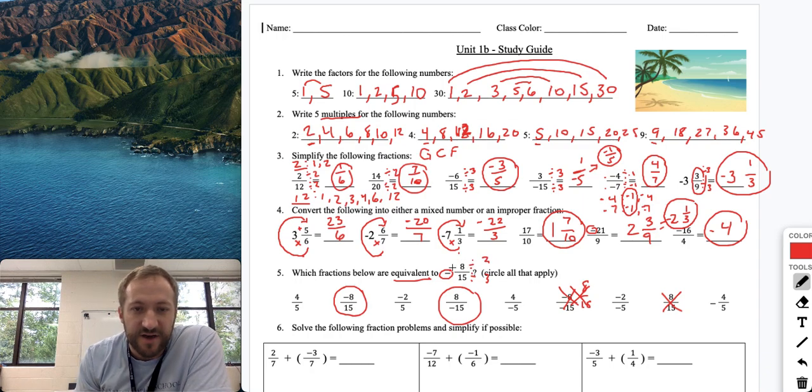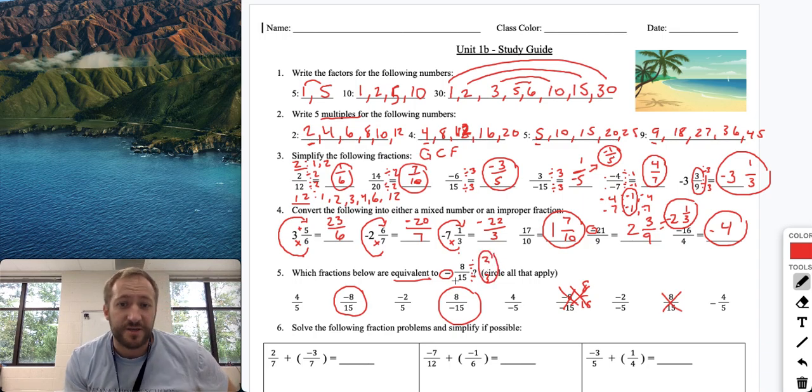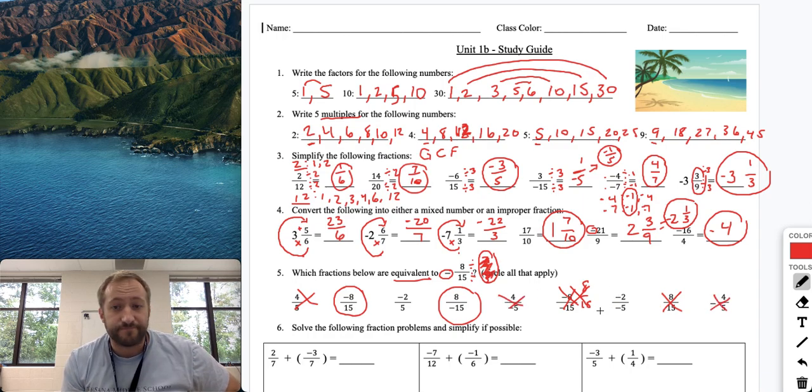If they did that, 8 divided by 2 is 4. 15 divided by 3 is 5. But look, the GCF they might have tried to use, it's different numbers. That doesn't work. So I got to have the same GCF. If they're not the same number, I can't simplify it. So 4/5 doesn't work in any of these. And that goes the same issue with 2 over 5. There's nothing that works there either. There's no same GCF that I could divide by to give me 2 over 5.